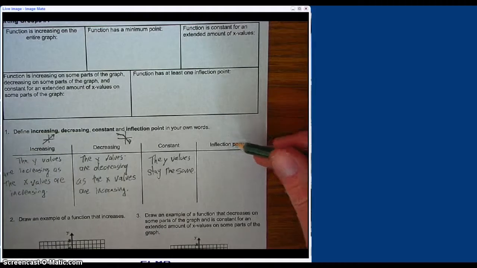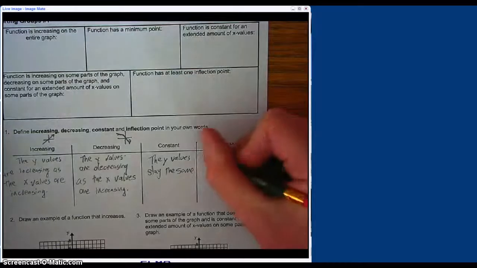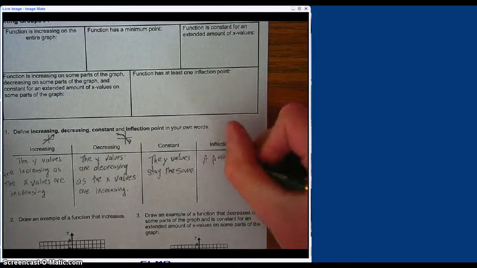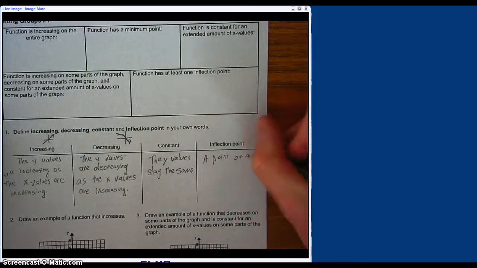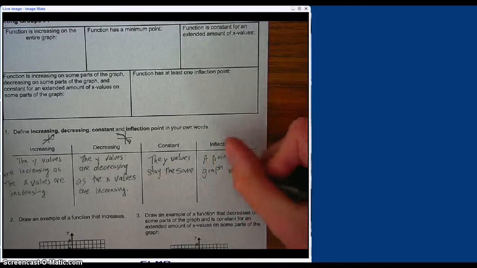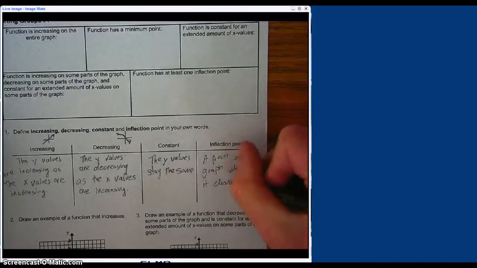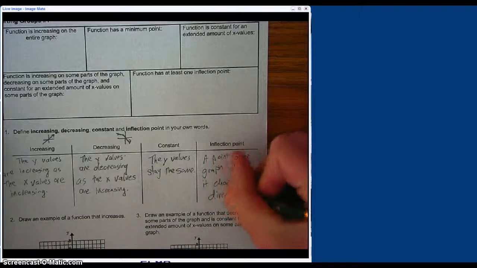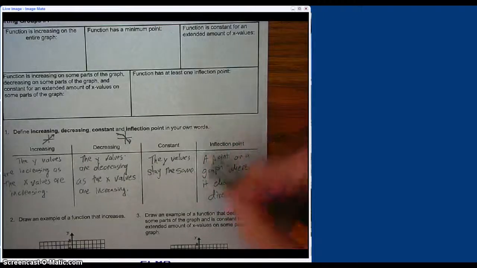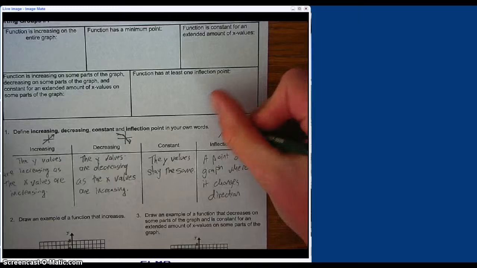Now guys, inflection points are basically any point on the graph, if it's a curve or something like that, where it changes direction. So if it's going uphill and then goes downhill, that would be an inflection point.